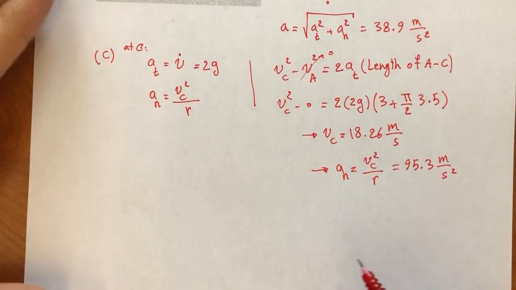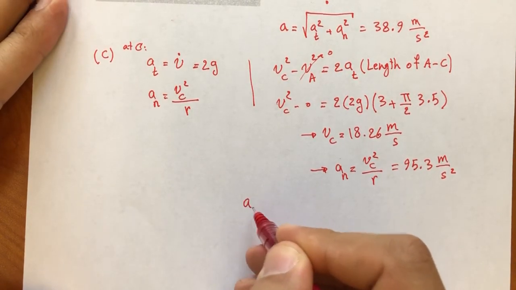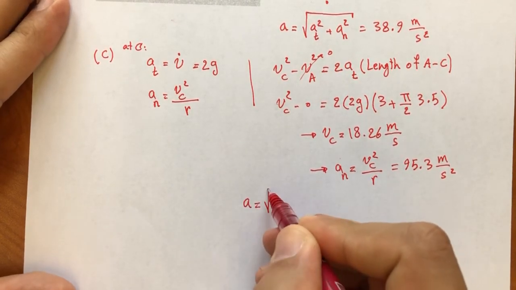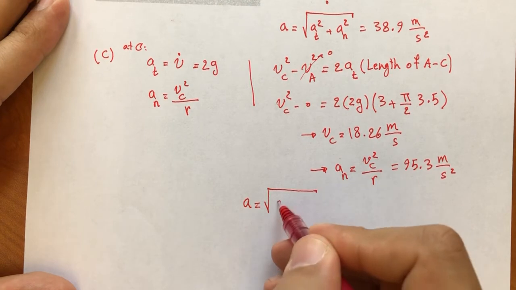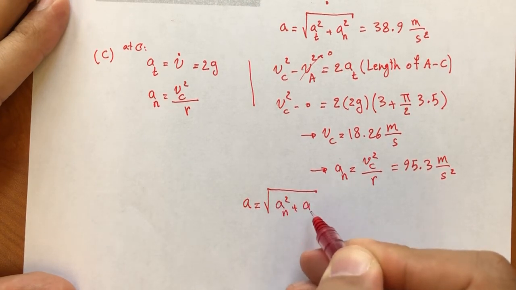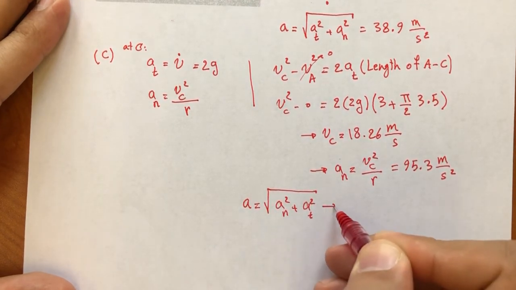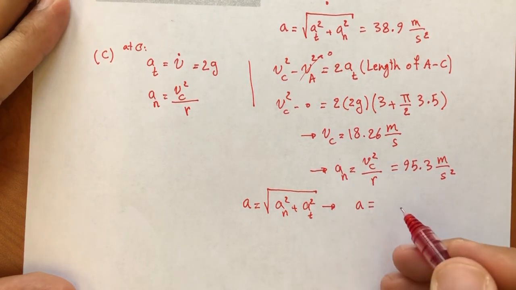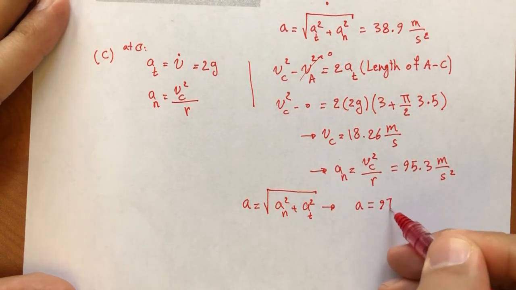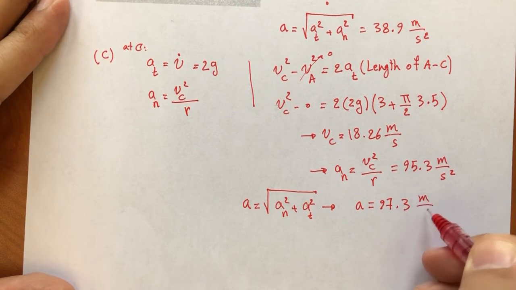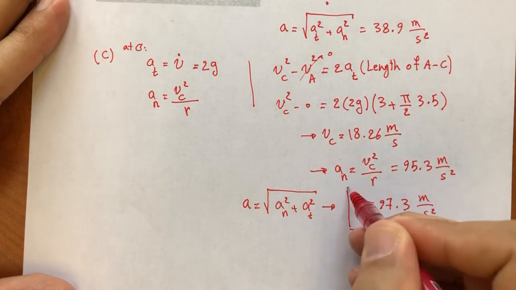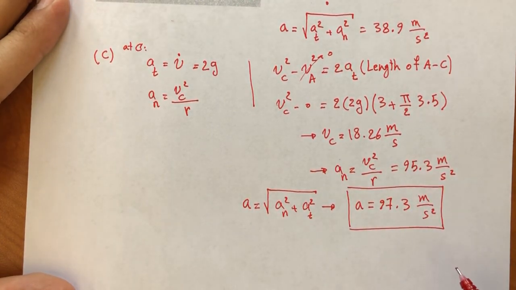And if you add them together as vectors, you're going to find the total acceleration. And the total acceleration is going to be equal to the square root of an squared plus at squared, which is going to be equal to 97.3 meter per second squared. So this is how we can find the accelerations at different points of this path.